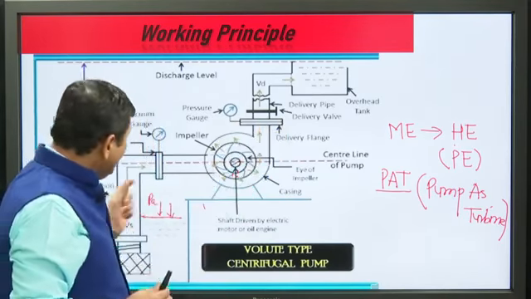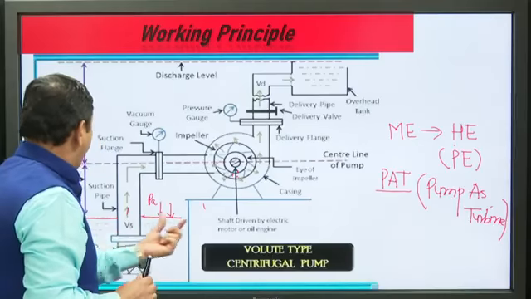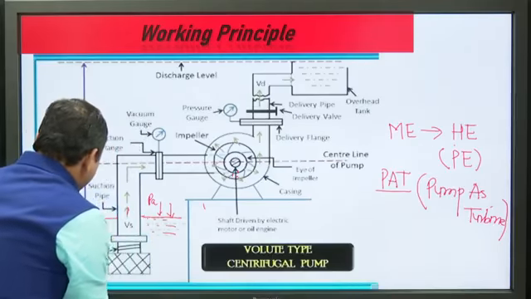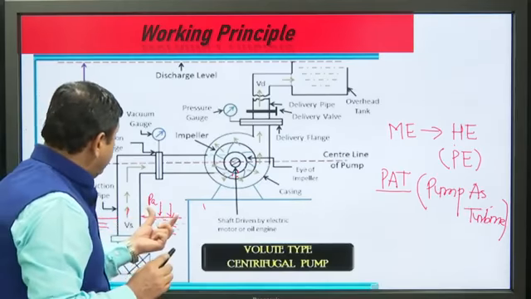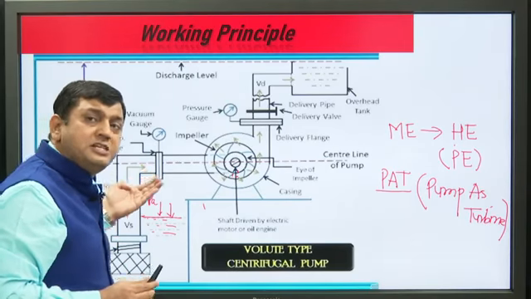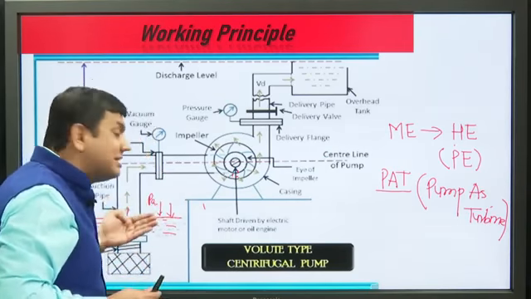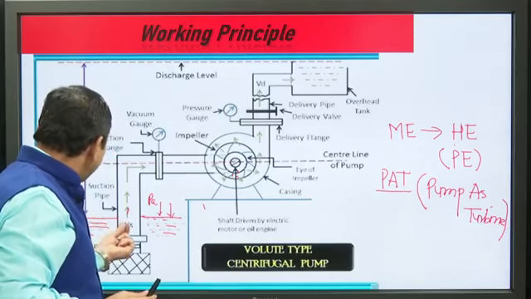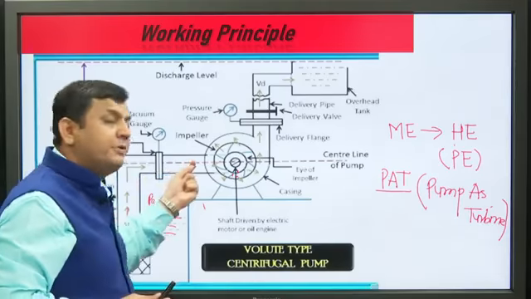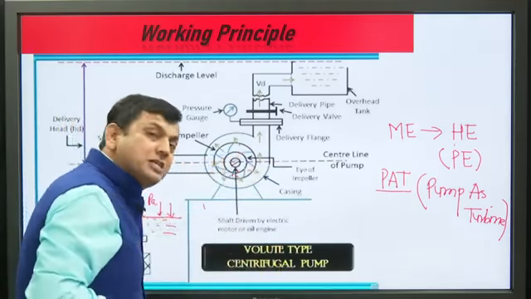When the lifting takes place, the pressure at the sump, which is the reservoir, is atmospheric pressure. If lifting takes place, it is obvious that the pressure in the suction pipe is lower than atmospheric pressure.